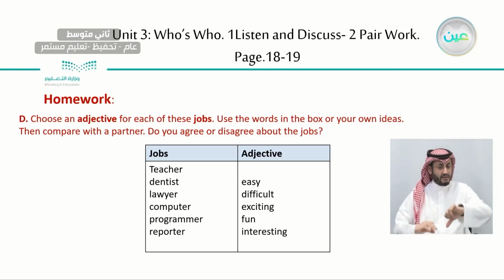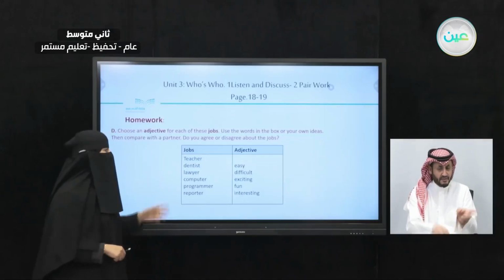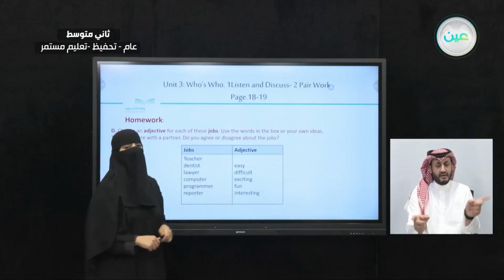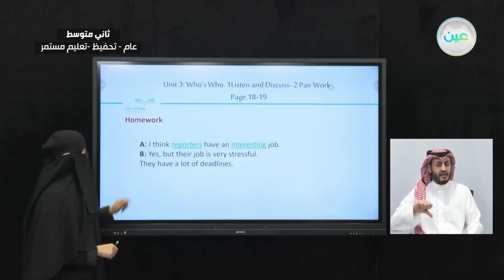We have teacher, dentist, lawyer, computer programmer, or reporter. For adjectives, we could choose easy, difficult, exciting, fun, or interesting to describe the jobs. We are going to pick one job and one adjective.